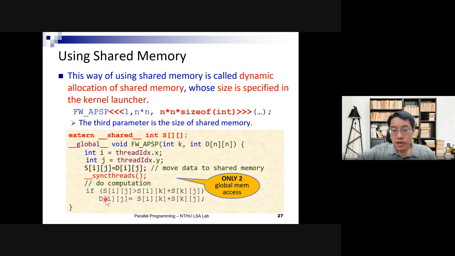So through the whole process, after we utilize shared memory, each thread only needs to access the global memory twice, for the input and for the output. This is the most ideal case. In between, there is some data reuse pattern.